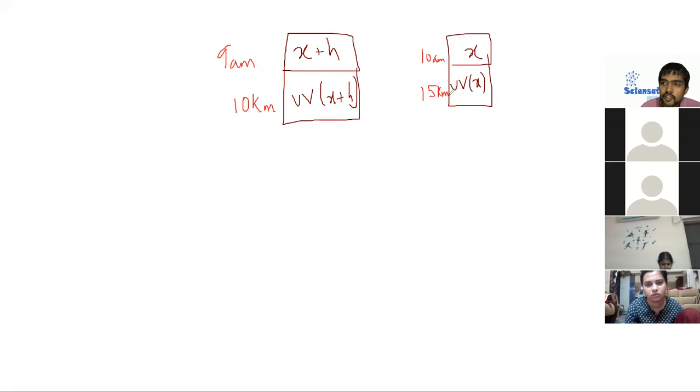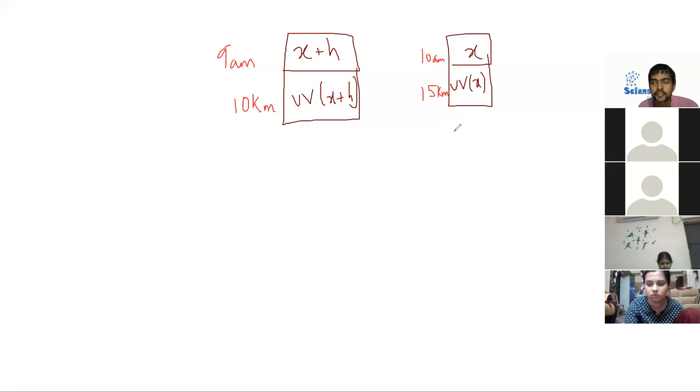How do you find the speed? 5 kilometer per hour. How do you get 5 kilometer per hour? Final minus initial.